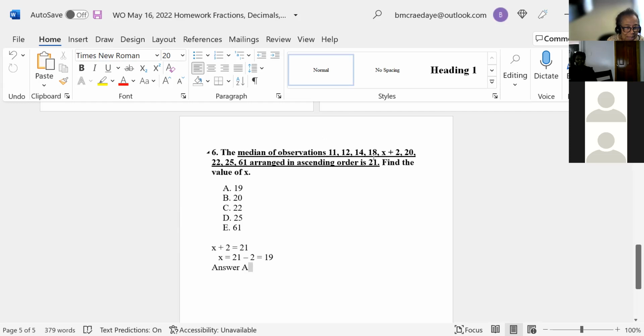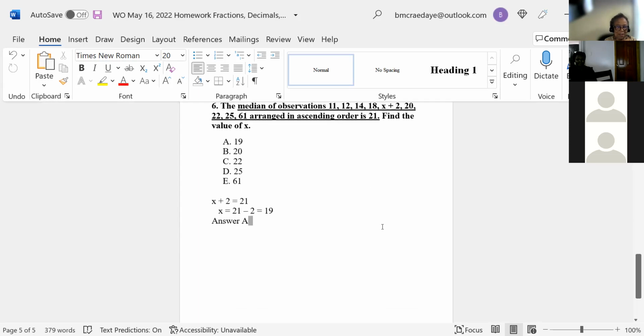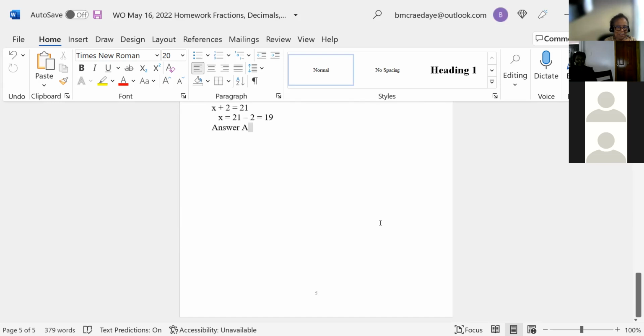There's the median right there, X plus 2. But they gave you a value for it, so you set X plus 2 equal to that value and then solve for X. Got it? If you get another one like this, you'll probably solve it right away, right?